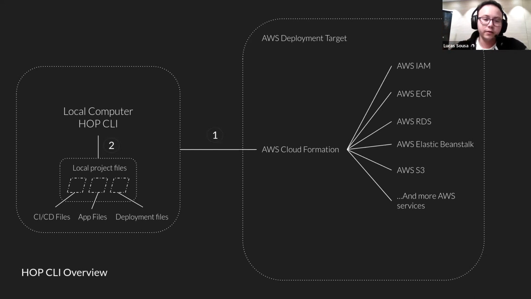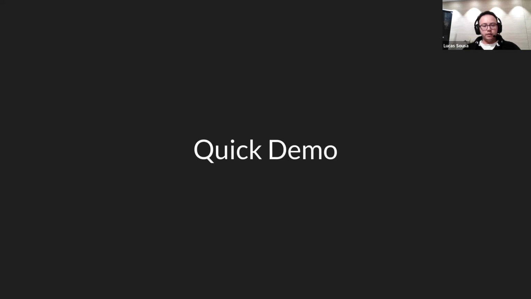And after it's done with that infrastructure setup, it also generates all your local environment and project files. That means creating the CI/CD files, rendering the application files, and also deployment files that are useful for deploying the artifacts later on. So I will do now a quick break for a demo, and then I will continue with the presentation later.